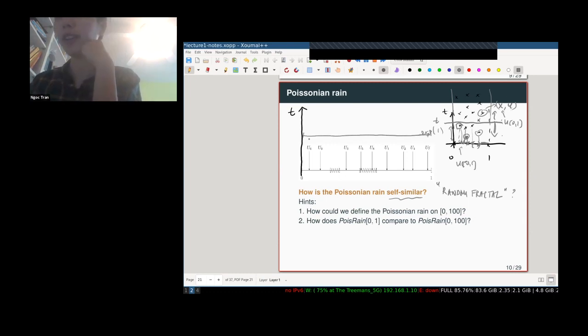I set an interval of length 1 and broke it up. Now I have 2 intervals of random lengths, L1 and L2, and then I play the same game. I wait independently for each of these; I wait until a uniform on this interval comes up, and then I break it into 2 pieces, and so on and so forth. So in what way is this self-similar?